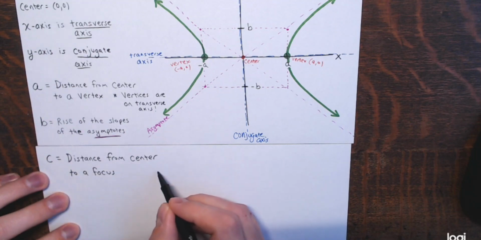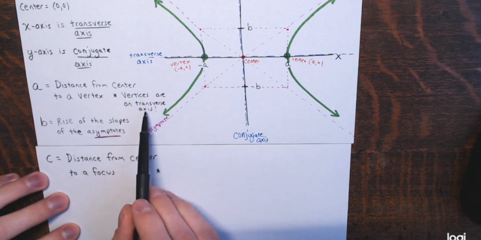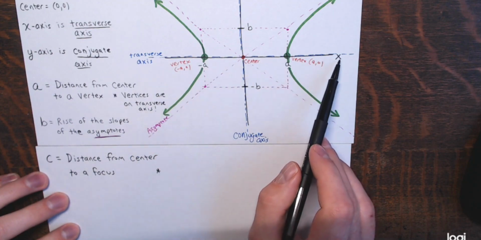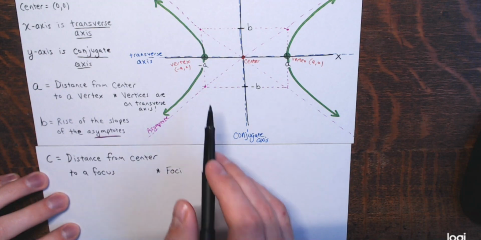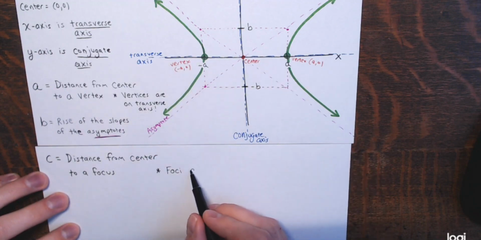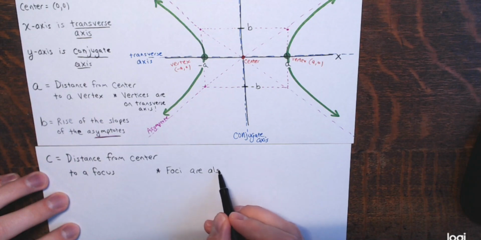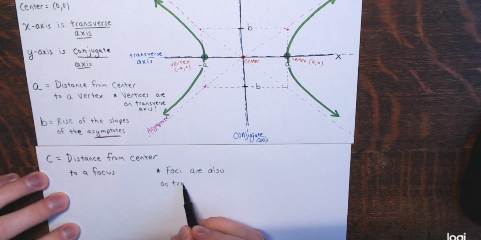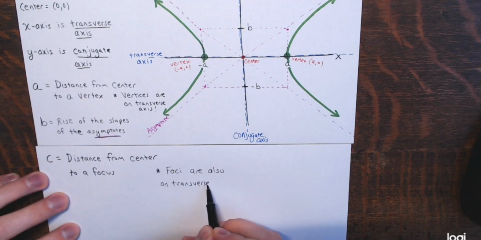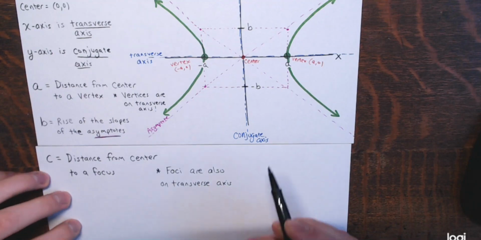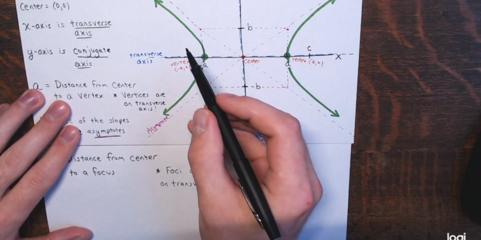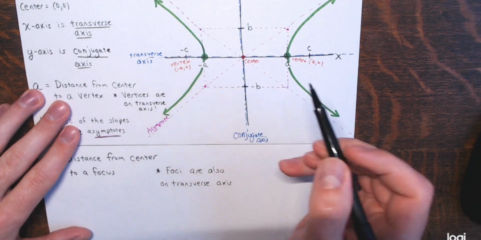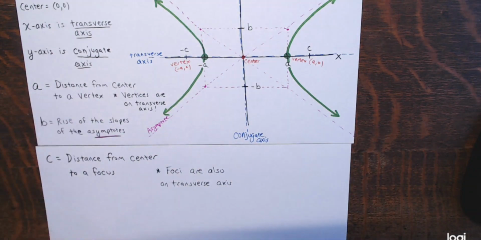Right, and one note here, just like the vertices are on the transverse axis, right? The foci are also on the transverse axis, right? They're going to be on this same line with the vertices. So foci are also on the transverse axis. All right, so if I go from the center, I go to the right C units and left to negative C. Here are what are called the foci.